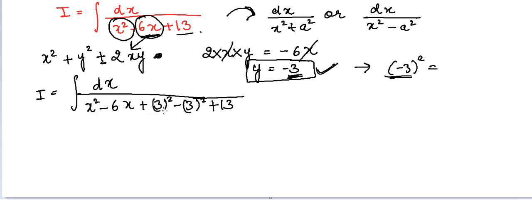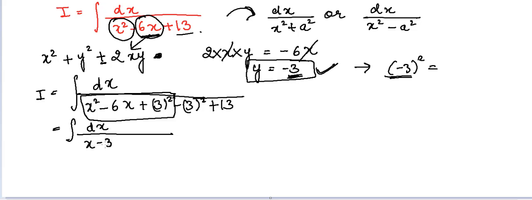So this is your basic formula of x square, and this is your x minus 3 whole square. And what you get over here is minus 9, plus 13, and you get plus 4. So plus 4 can be written as 2 square. So this is your conversion.